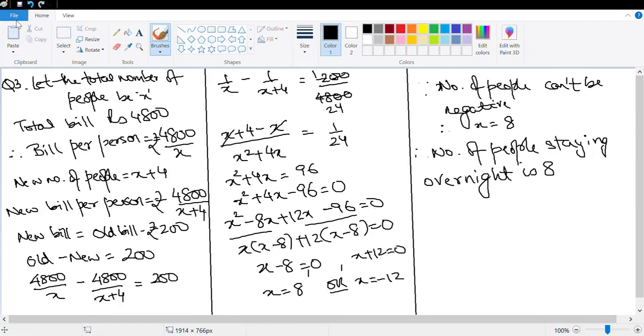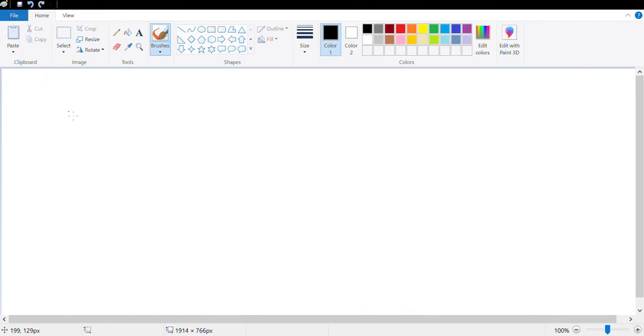The next question that we solve is question number 4. So let's start question number 4. Question number 4 says an aeroplane traveled a distance of 400 km at an average speed of x km per hour. So let's write whatever is given. D is given as 400 km. The speed is given as x km per hour.